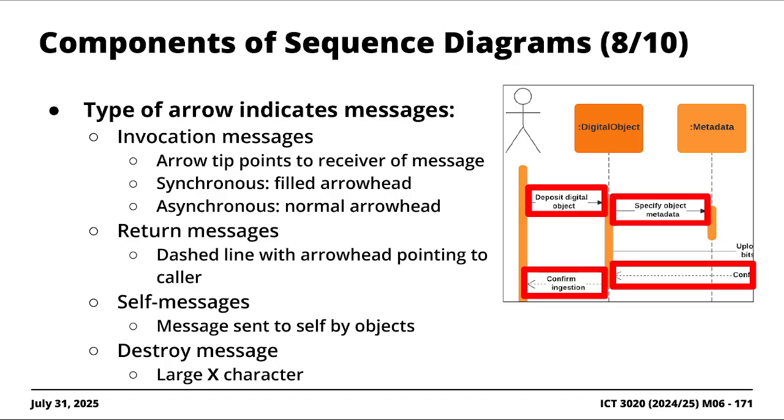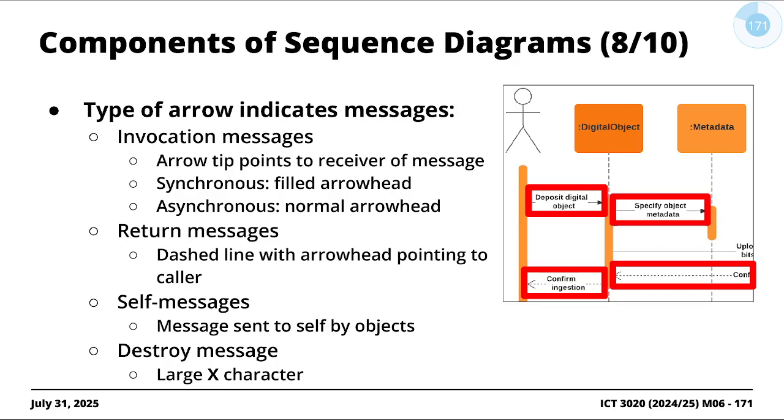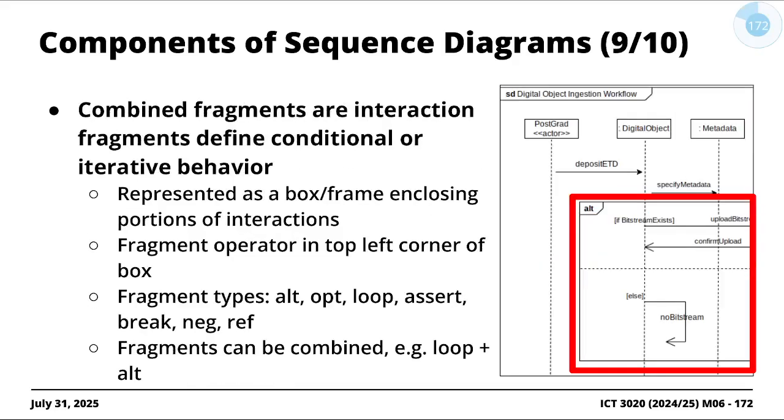Okay, so there could be others, but at a bare minimum this should be sufficient. I think we've exhausted all the messages here. I guess we should be done here. Yep. So these are the messages, right? So the next time you see a diagram like this, you already know that deposit ETD is a what?